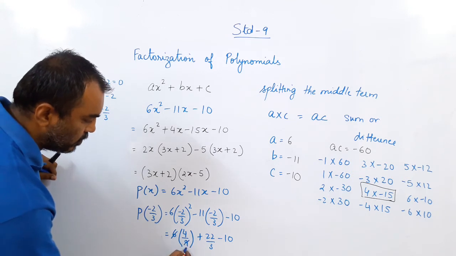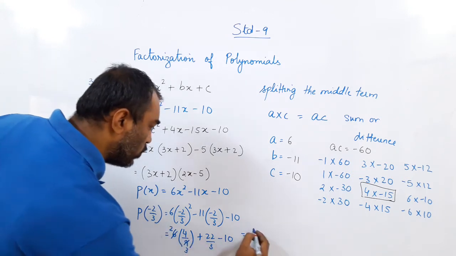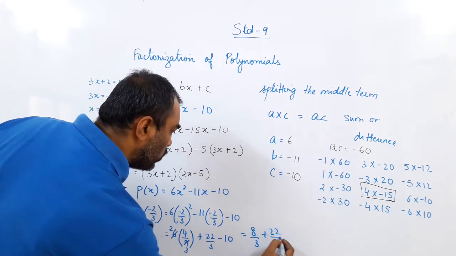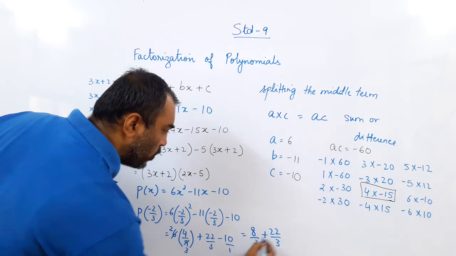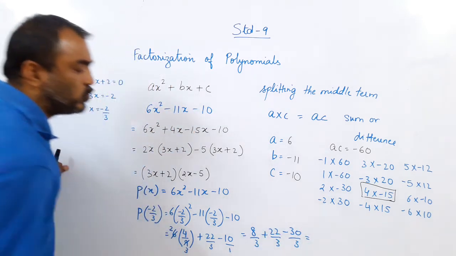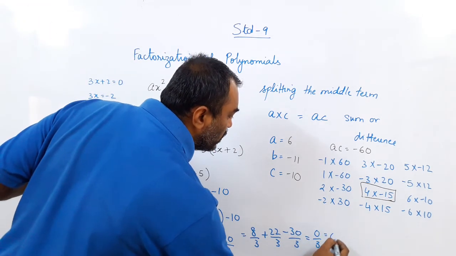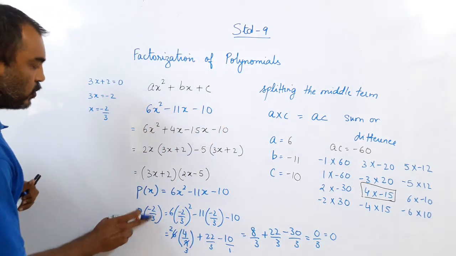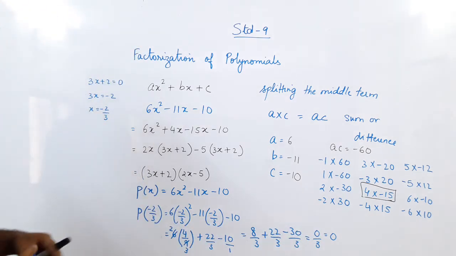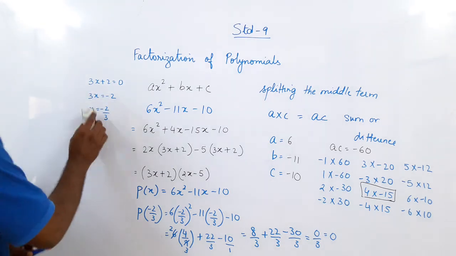So what have we got here? 2 4s are 8. 8 upon 3 plus 22 upon 3 and 10 upon 1, so minus 30 upon 3. 8 plus 22 is 30, 30 minus 30 is 0, so 0 upon 3 is 0. So when I put x equal to minus 2 upon 3, the remainder is 0, so 3x plus 2 is a factor. Is it clear?